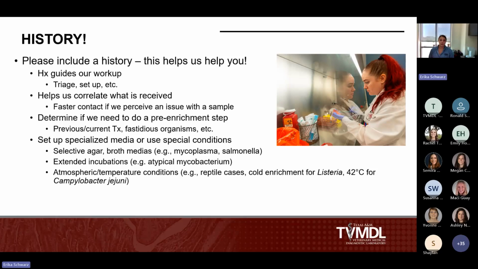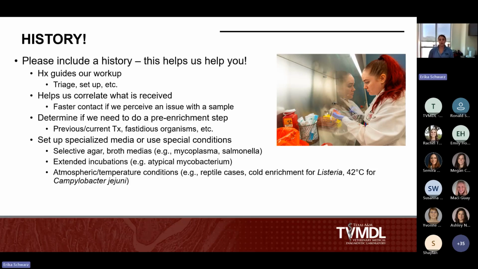And then it also helps us to know if we need to set up specialized media or use specific conditions for the culture. There are so many different types of selective agar and broth medias, for example, things that enrich mycoplasmas or salmonella or extended incubations for atypical mycobacterium. We have a lot of different conditions that we can use aside from just our general culture process that will help you get the best results possible.